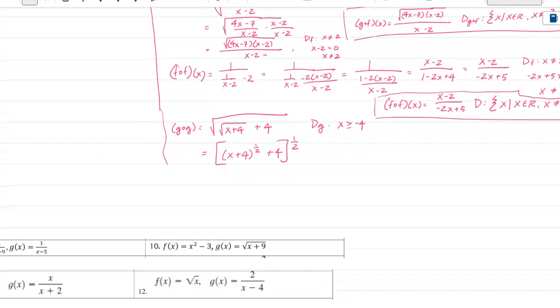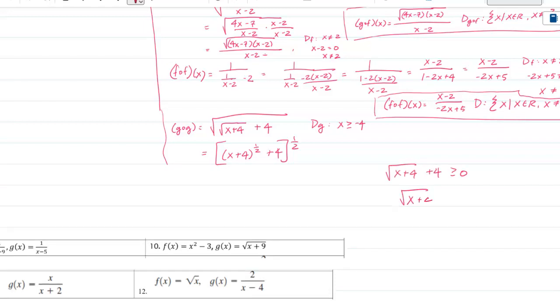And let's look at the entire function. If there was a restriction on that, if x plus 4 equaled 0, then that entire thing, I think we pretty much took care of all the negatives. I mean, we could take the radicand: is the square root of x plus 4 equal to 0?